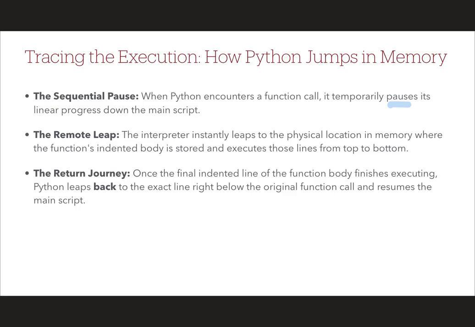The interpreter will leap to the physical location in memory where the function is defined, and then executes those indented statements one by one from top to bottom. Once the final indented line is executed, it goes back to the exact line right below the original function call, and then resumes the main script.